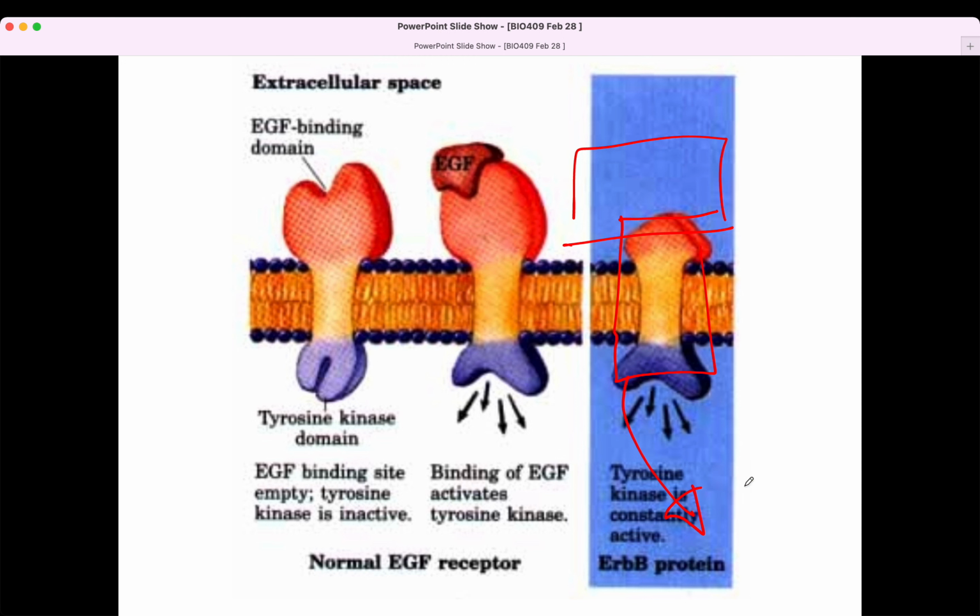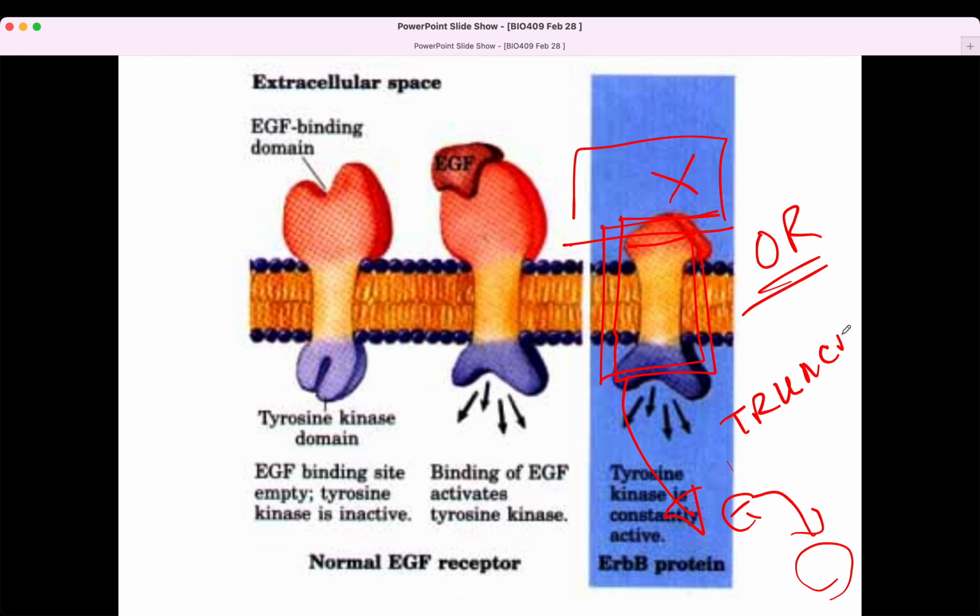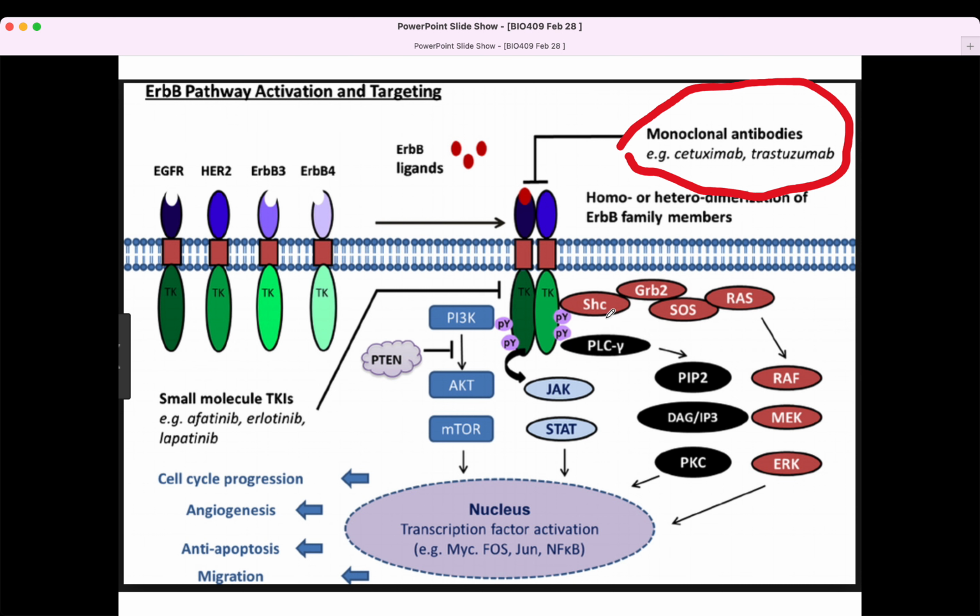And that means that RAS is active, and that RAF, MEK, ERK, ELK is active all the time. Doesn't need EGF, okay? So that can happen in the oncogenic retrovirus, or nothing to do with the retrovirus, you could get a mutation. I could get a mutation in this gene, in the coding region, that produces what's called a truncated, a shortened version that is oncogenic, cancer-causing, okay? So don't need to look at this in detail.